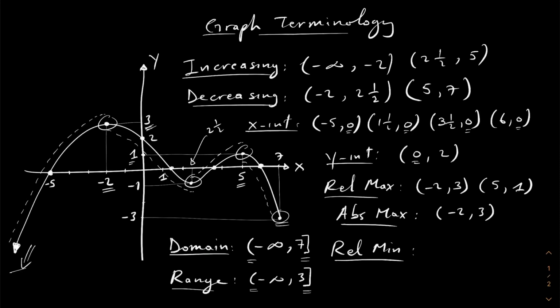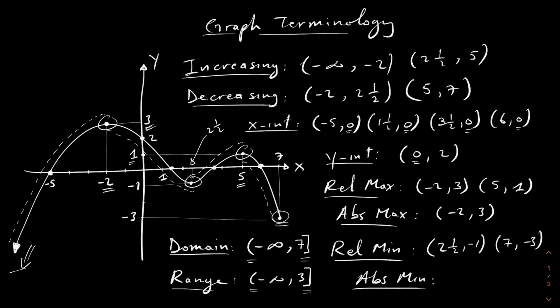The first one is going to be located at 2 and 1/2, and it's going to be -1. And our second relative minimum is going to be located at position 7, and the value for that minimum is going to be -3. And so if we now talk about our absolute minimum, our global minimum, if we look at our graph here, what is the lowest point possible?